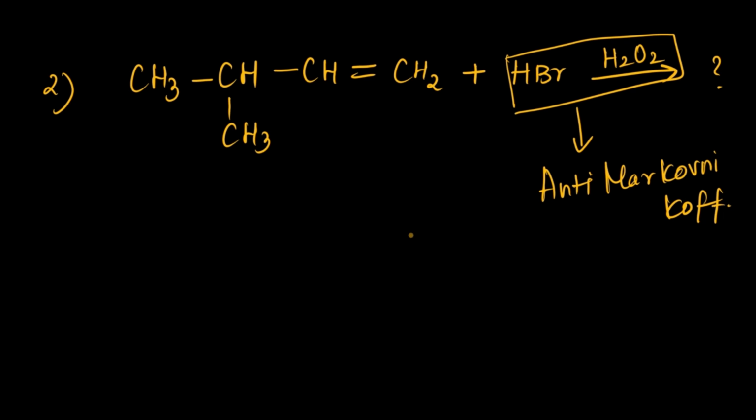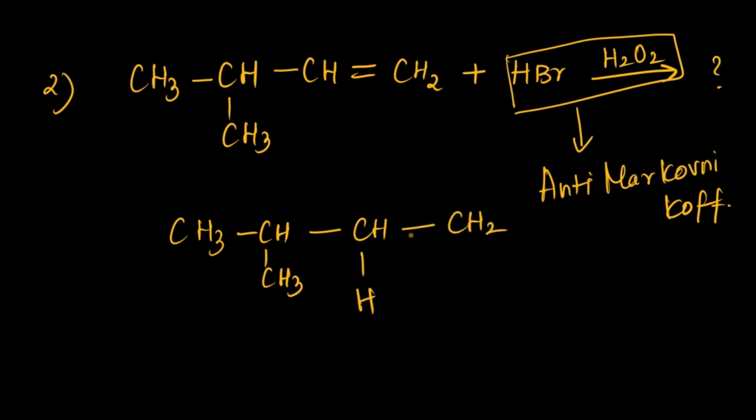So the hydrogen goes to the more substituted carbon and Br goes to the least substituted carbon. Which gives the product as CH3 CH CH3 CH with CH2Br. It is also called the Kharasch effect.